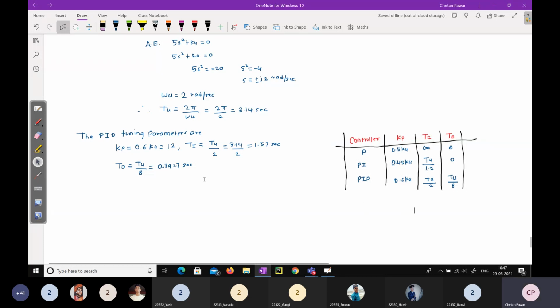Okay, so after using this table, we got Kp is equal to 12, Ti is equal to 1.57 seconds, and Td is equal to 0.3927 seconds. Okay.